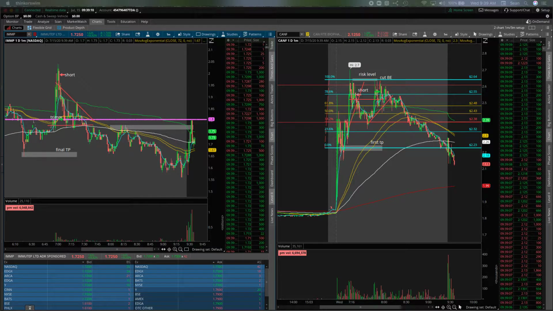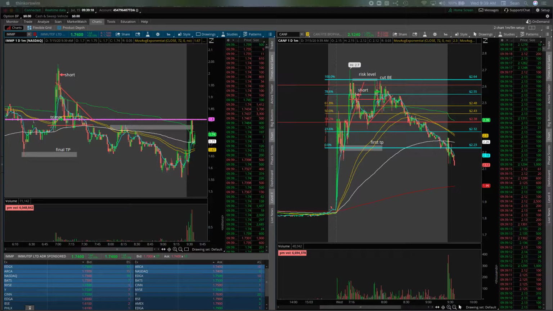Started short. 312 on Gene. Risk came very tight, that 320. Risk in this 320 traders.